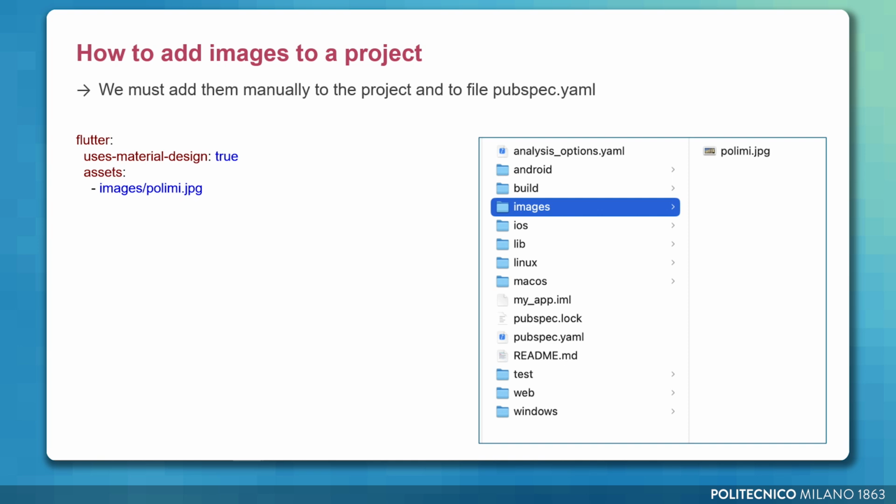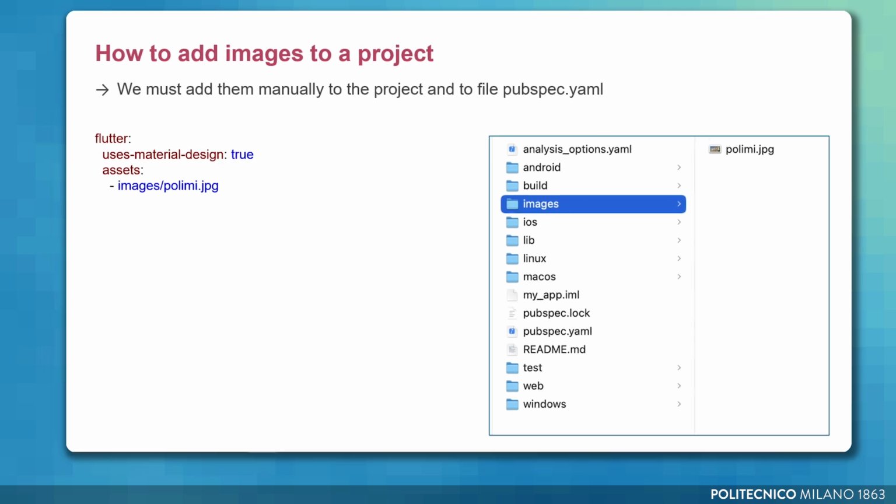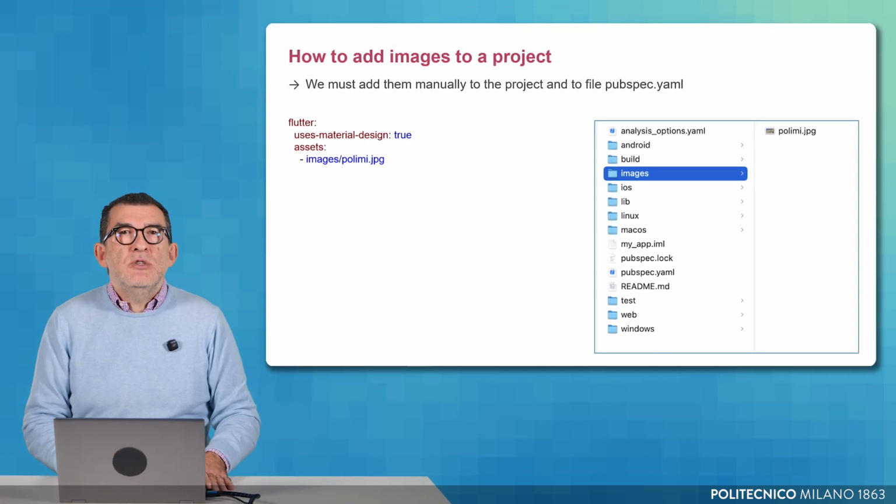pubspec.yaml file. This file serves as the app's table of contents. If you don't declare the external assets here, the app won't be able to access them. The pubspec.yaml already has a section for assets, but it's commented out by default.